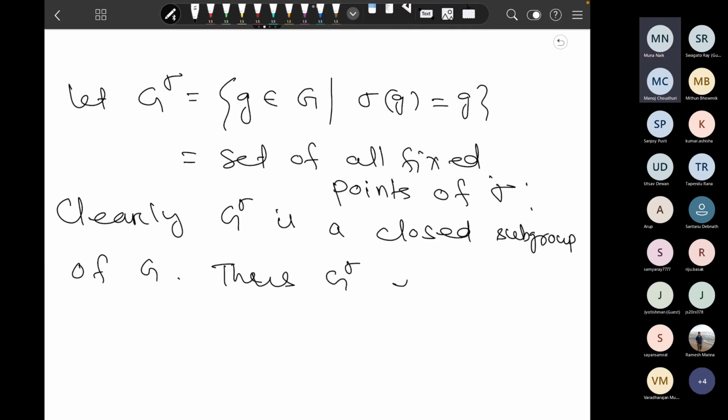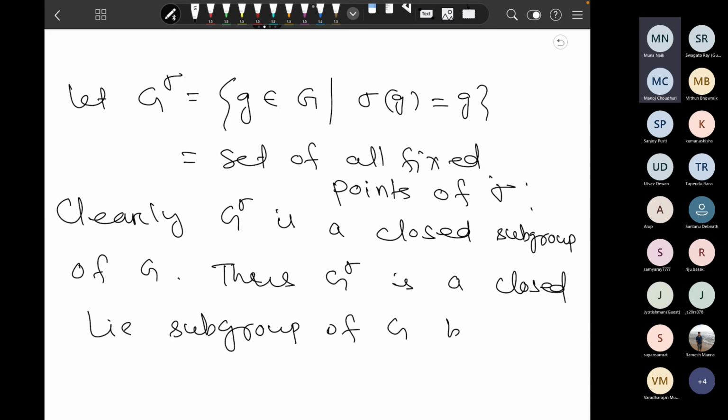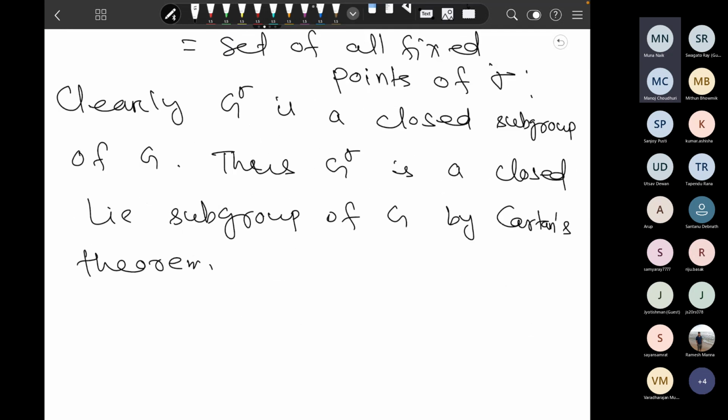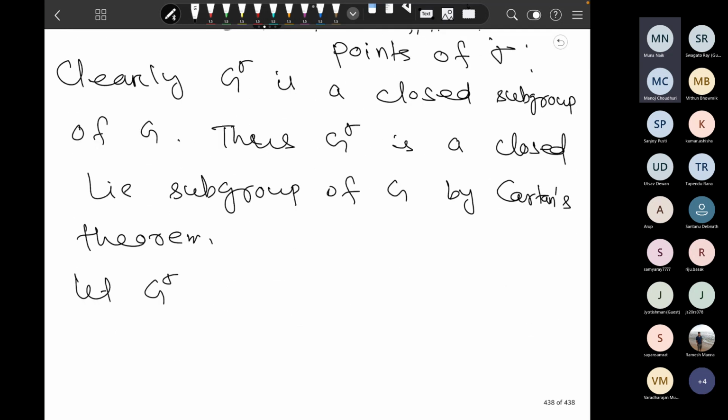Thus, G^sigma is a closed Lie subgroup of G by Cartan's theorem. Now also let G^sigma_0 be the connected component of the identity.